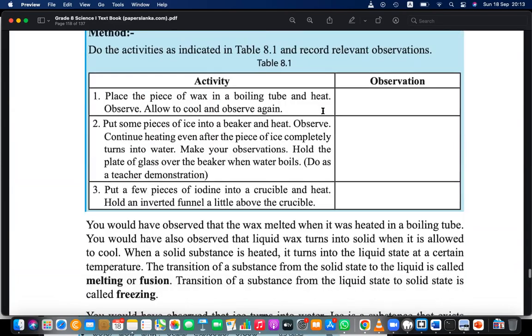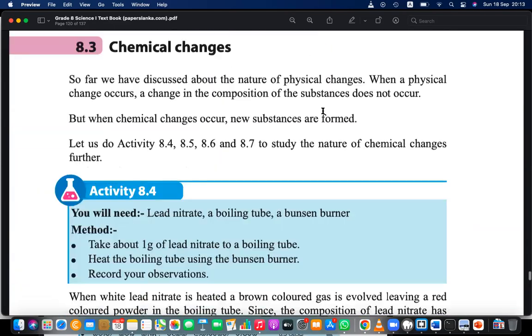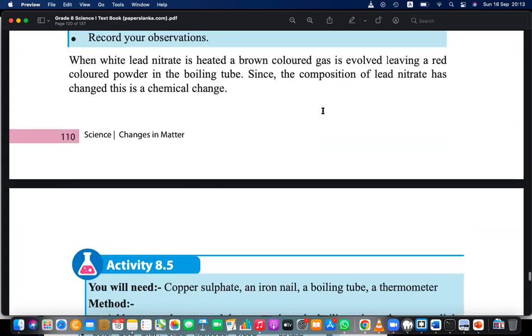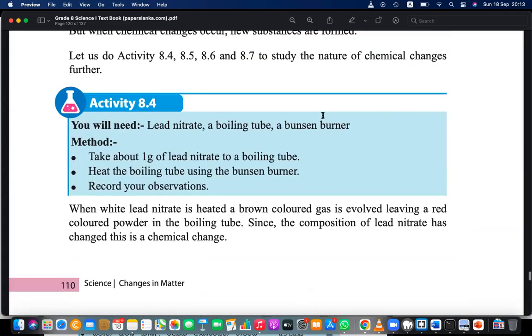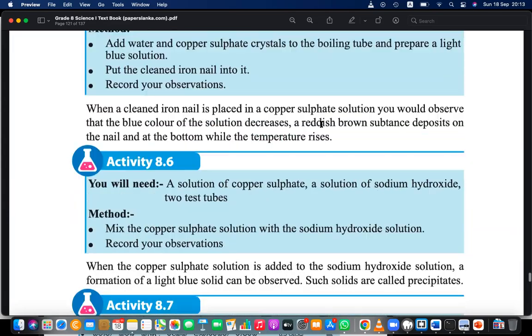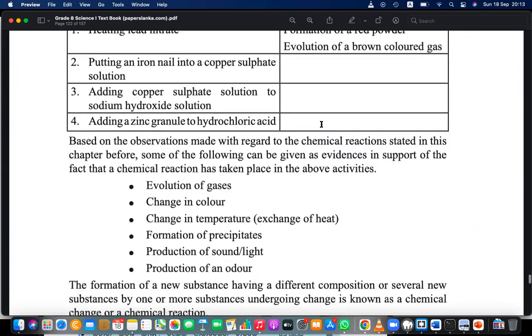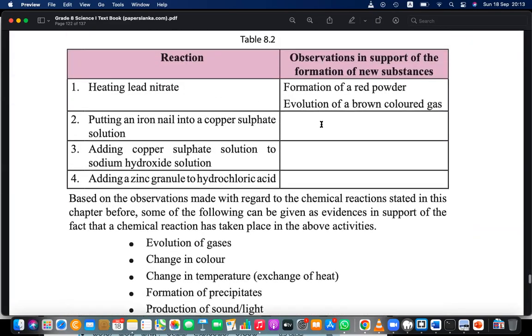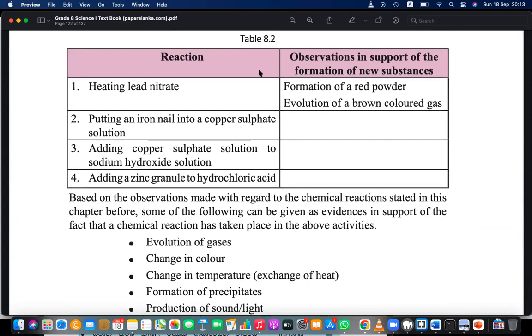Now we need to look at some examples, do the practical and discuss the practical things related to these chemical changes. Here we are given a few reactions, and they have asked me to fill a table. I'll give this table, but before that, let me discuss some examples of chemical reactions.